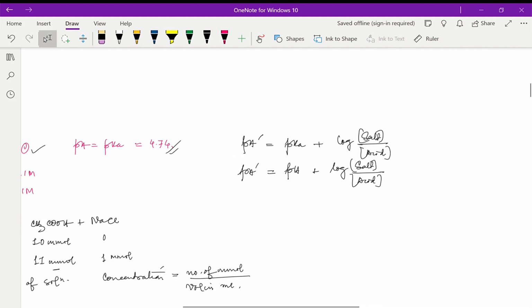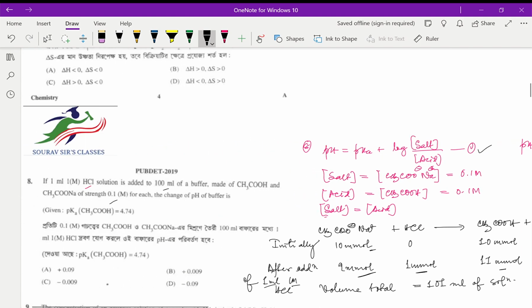Or we can say pH minus pH prime, which is the difference of pH, and that is what we have been asked in the question: what is the change in the pH?